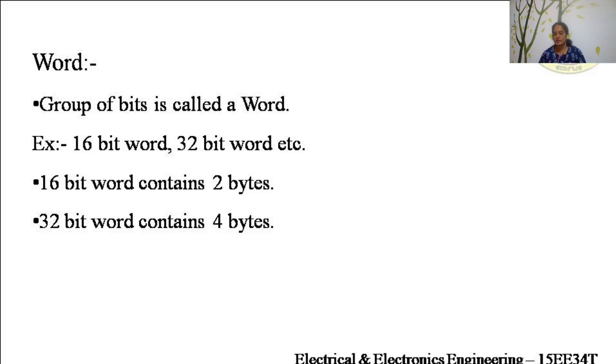Majority of the registers in a processor are usually word-sized, and the largest piece of data that can be transferred to and fro from the working memory in a single operation is a word in many architectures.